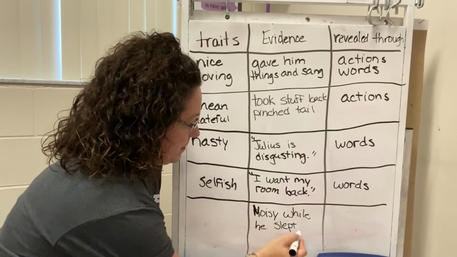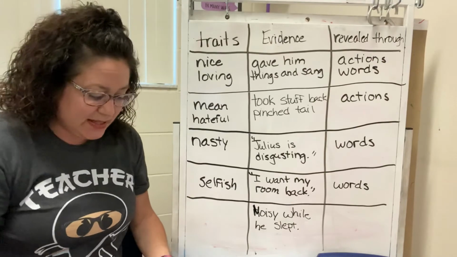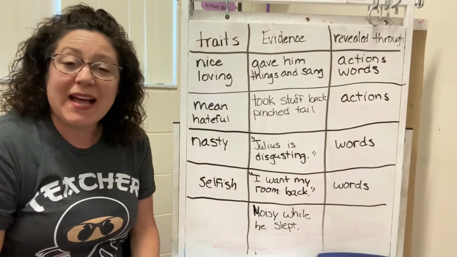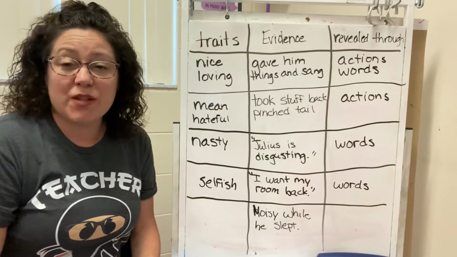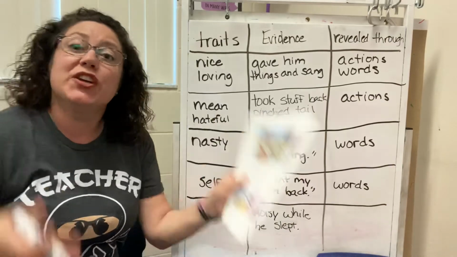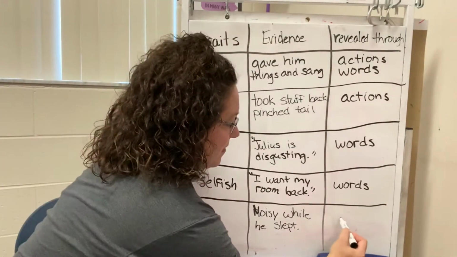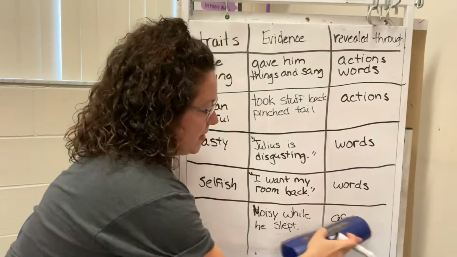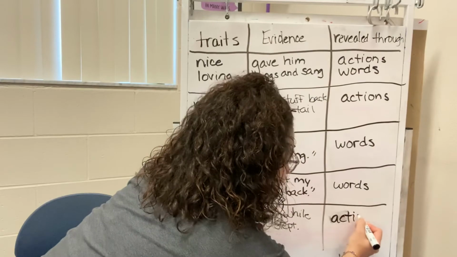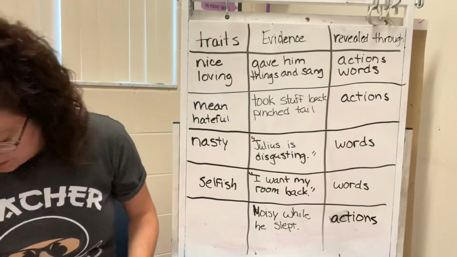Capital N. Okay? She was being noisy while he slept. And how do we know that? Is that through her words or through her actions? It's revealed to us through her actions because she's doing stuff to be noisy. Horns and all kinds of stuff. Ooh, that is not good handwriting. Sorry. Actions.